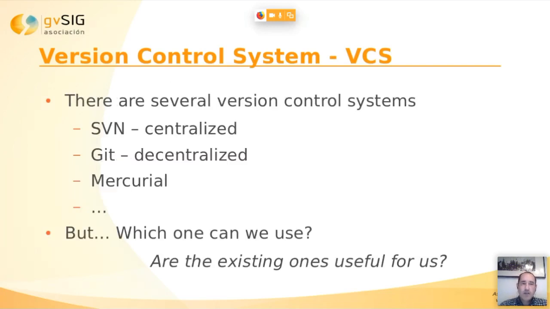For example, SVN, that is a centralized VCS. Git and its web version, GitHub, that is a decentralized VCS, Mercurial, etc. But can we use one of them for our cartography?